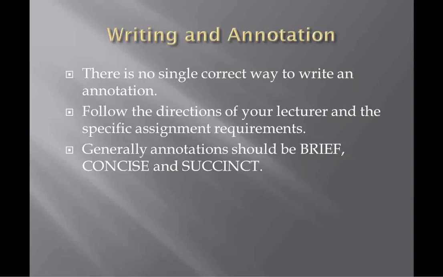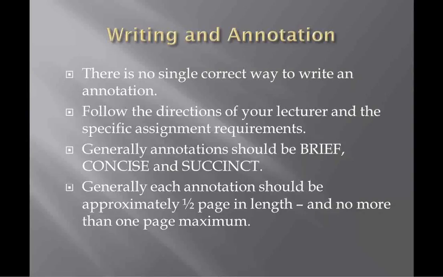Generally, following these three key ingredients for it will work. An annotated bibliography should be brief, concise, and succinct. Generally, each annotation should be approximately half a page in length and no more than 1 page maximum.